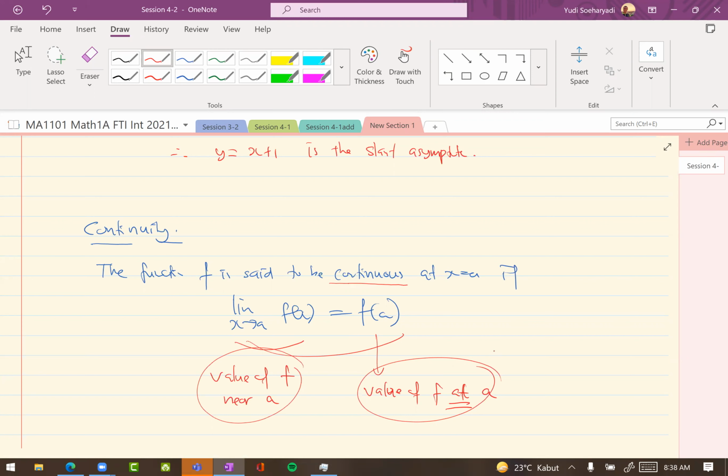You interview the friends, keep getting closer and closer, and from the interviews you conclude something about that person. It's called prediction. So f of a is about the person itself, and the limit is the approximation. When the approximation matches the real one, it is called continuous.